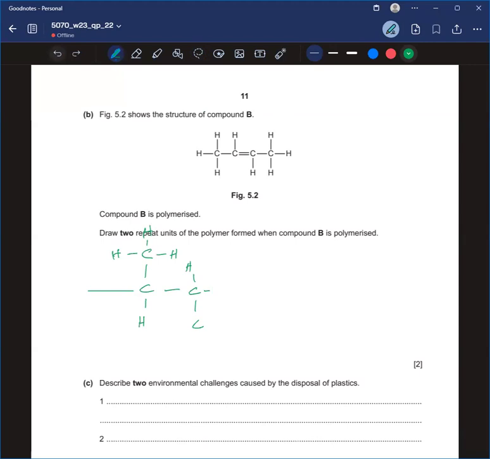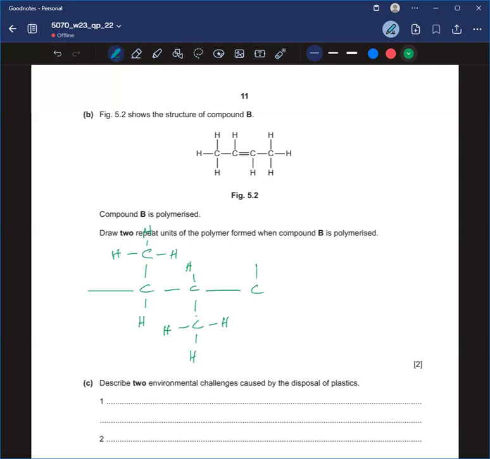Sorry, not here. 1, 2, 3. Here another. So C, and here the second repeat unit.